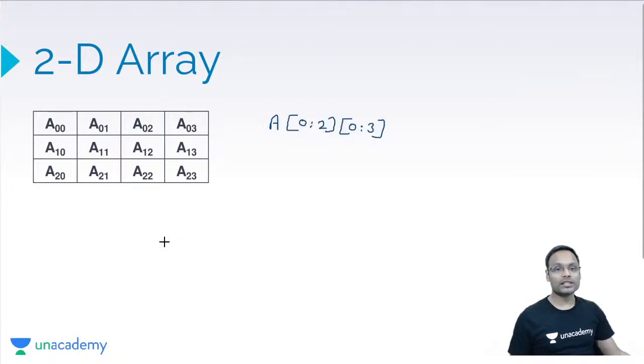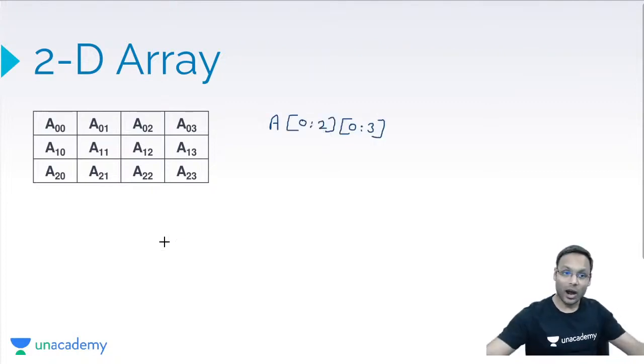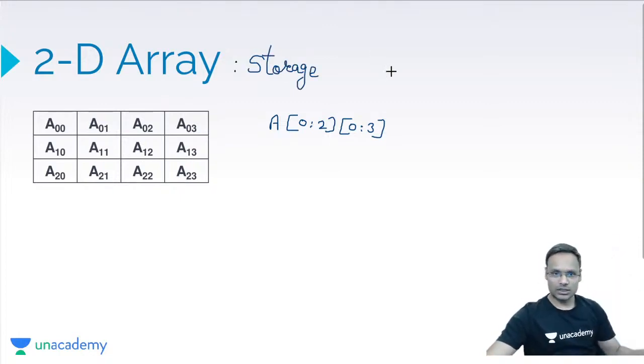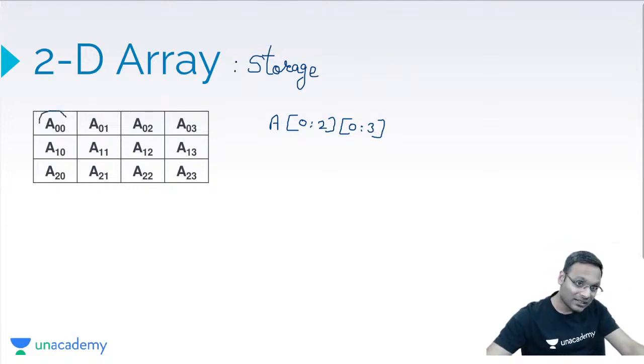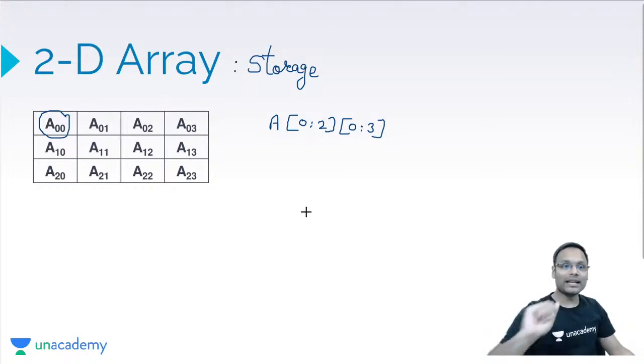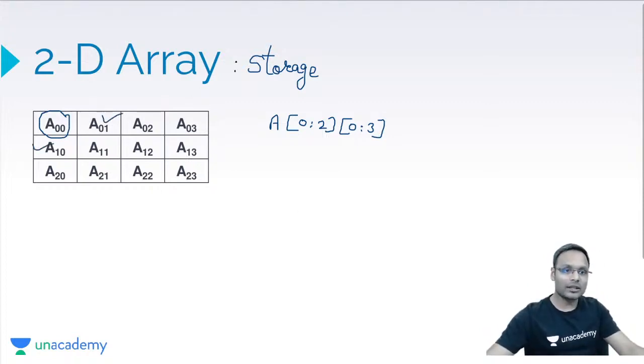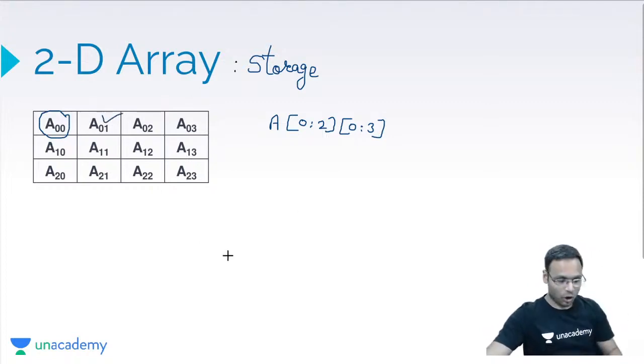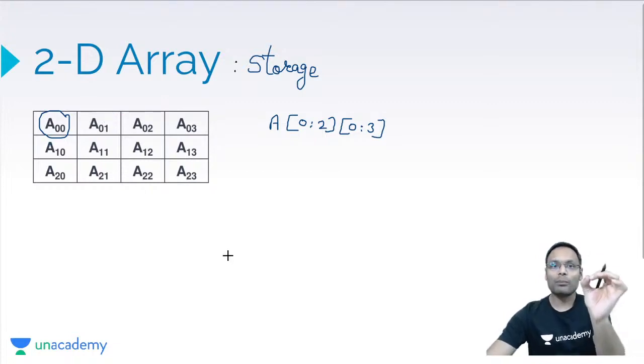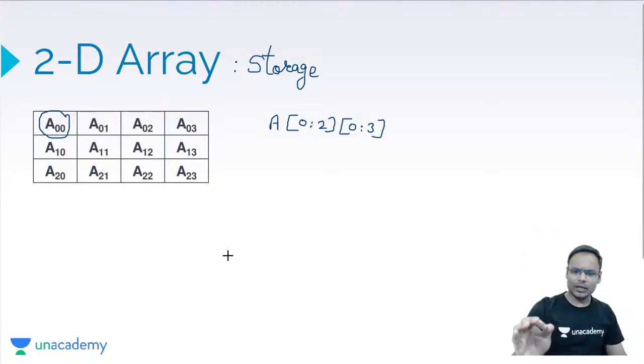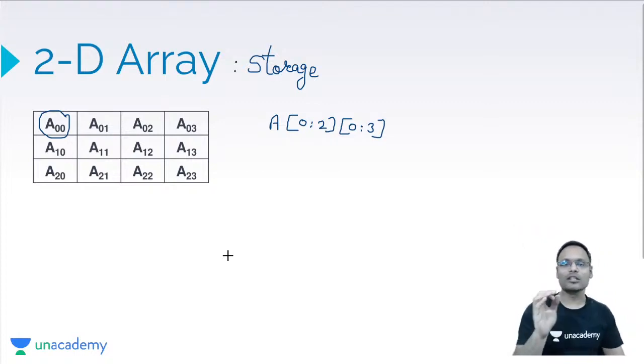How to store this 2D array in memory? We are going to check out the storage. We all know that an array should be stored in consecutive locations. So if at the base address you have stored A of 0 0, which element will you store next? This one or this one? That depends on the storage policy. All of you know the storage policies.